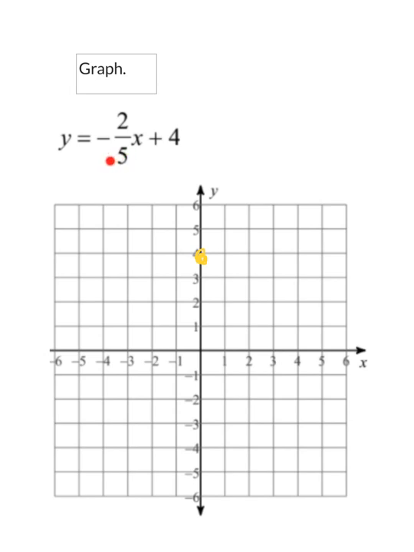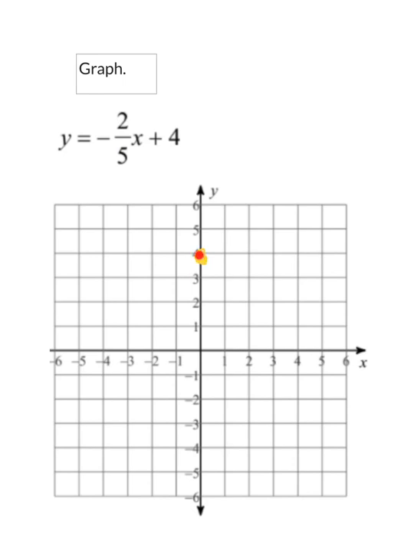Next, this is the slope. The slope is -2/5. Remember, the slope is the rise over the run. So from the y-intercept, I'm going to use the slope, and I'm going to think about it as the rise over the run. The numerator is the change in y. So I'm going to start here, and it's the rise.